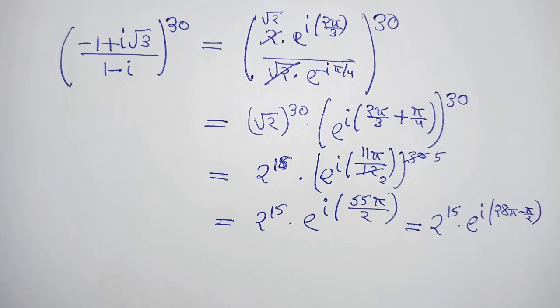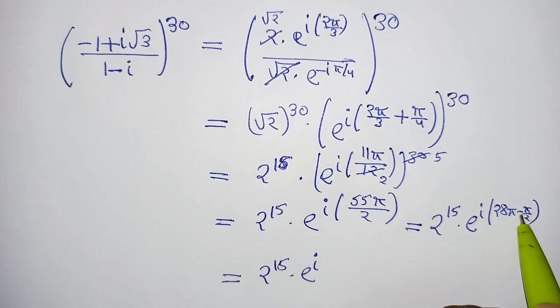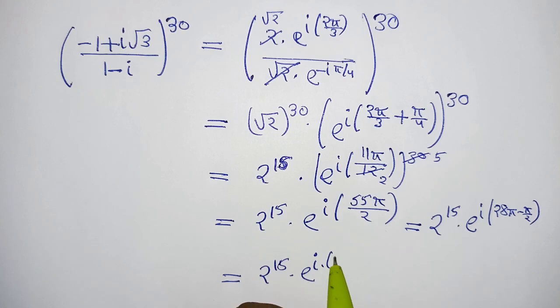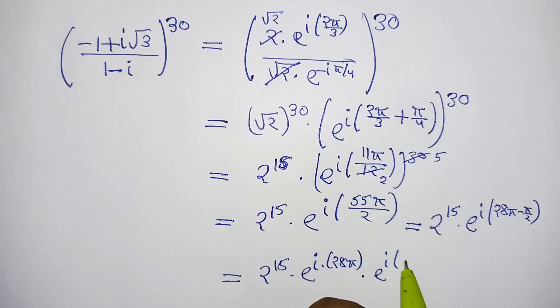And then this is equal to 2 power 15 into e raised to power iota, and by separating the powers, we have e raised to power iota into 28 pi and e raised to power iota into minus pi by 2.